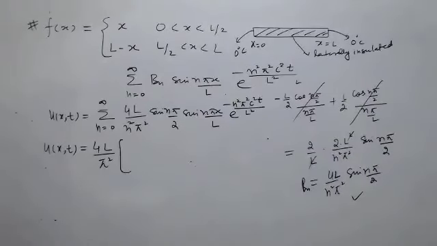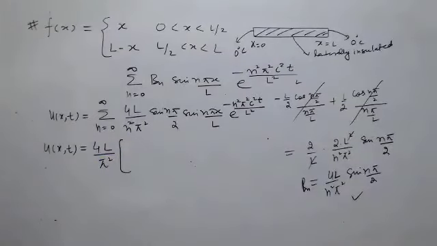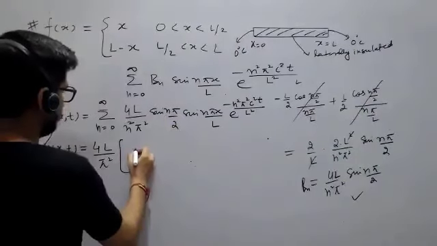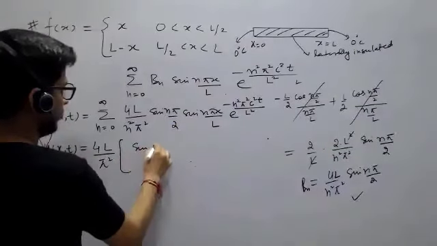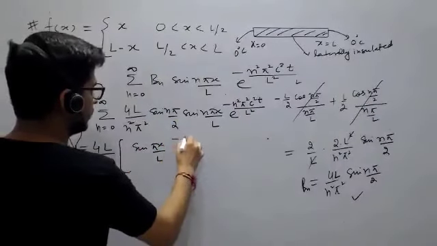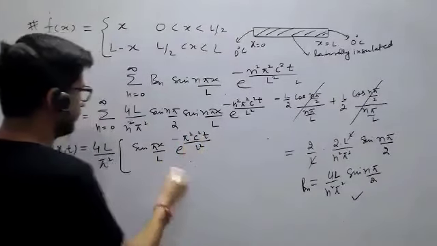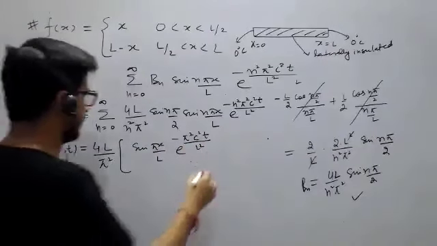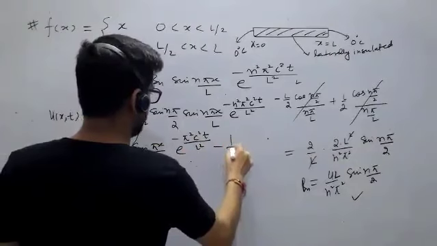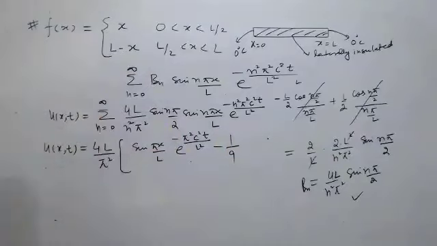Okay. So whenever n is even, you can see your answer will be 0. And whenever n is odd, this will become 1 for odd, I mean alternate 1 and minus 1. So for 1 it will become sine pi x by L into e to the power minus pi square c square t by L square. Then the second term will come and it will give minus, so it will become minus 1 by 3 square, that means 9, and minus will be because of 3 pi by 2.